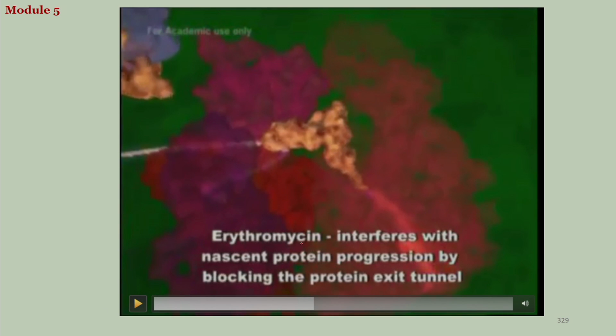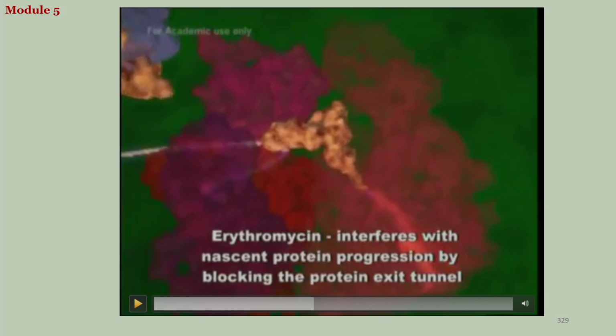Third one is erythromycin, another very popular antibiotic that you know of. What it does? It interferes with nascent protein progression by blocking the protein exit tunnel. So, in this case, it allows the full protein to be synthesized, but after the protein synthesis happens, the protein has to be detached out of the ribosome and comes out of the tunnel or comes out of the cavity.